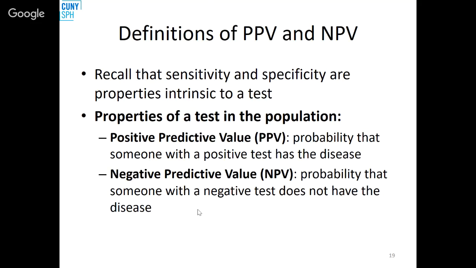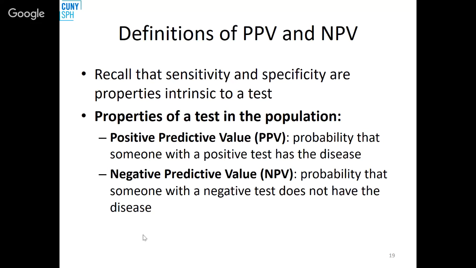But when you apply it to the population, what you're really interested in is, I don't know what the answer is. I know what the test said. And based on what the test said, what is the probability of me having the disease or recidivizing, I don't know, or whatever else. And these are the positive predictive value and the negative predictive value.